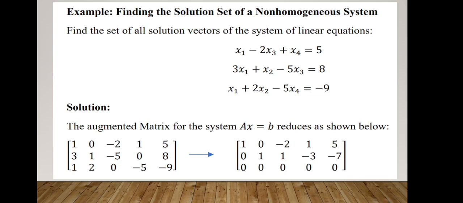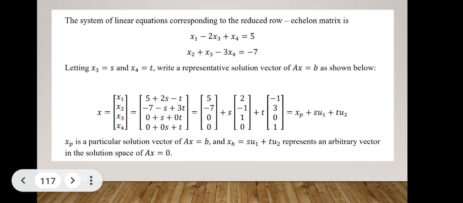And that reduces to 1, 0, -2, 1, 5; 0, 1, 1, -3, -7; and 0, 0, 0, 0, 0. The system of linear equations corresponding to the reduced row echelon matrix is x1 - 2x3 + x4 = 5 and x2 + x3 - 3x4 = -7.